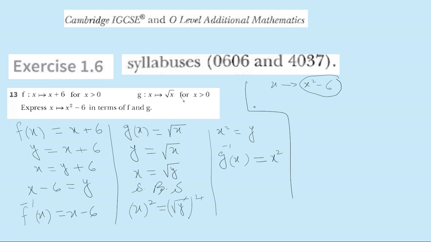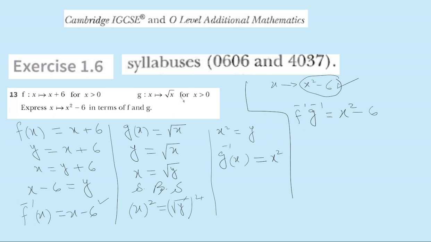So if we find the composition of f inverse g inverse, what is the meaning of composition? f inverse g inverse means we have to put the whole value of g inverse in the function of f inverse. So this is f inverse x minus 6, but we replace this x by x square, and this minus 6 remains minus 6.